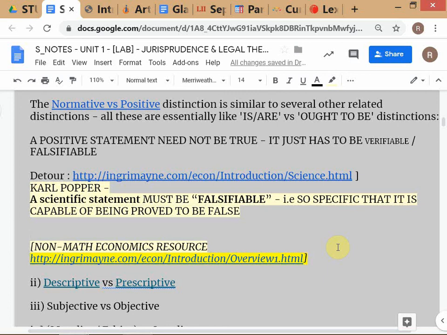Like, for example, suppose we don't know about Pluto right now, and I say that Pluto is this many kilometers far. So what about that? Even there we don't consider the current limitations of technology. It just has to be theoretically possible to prove that it is false.